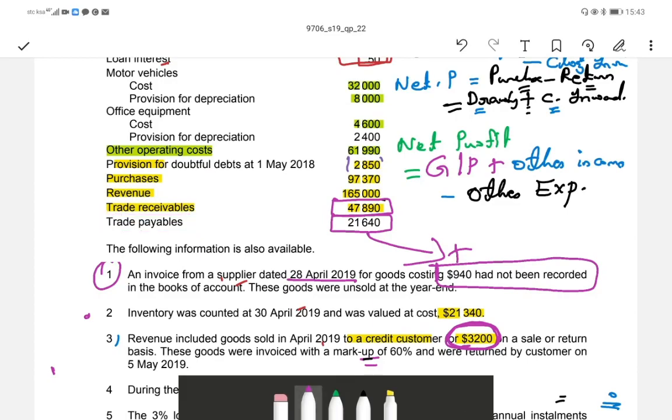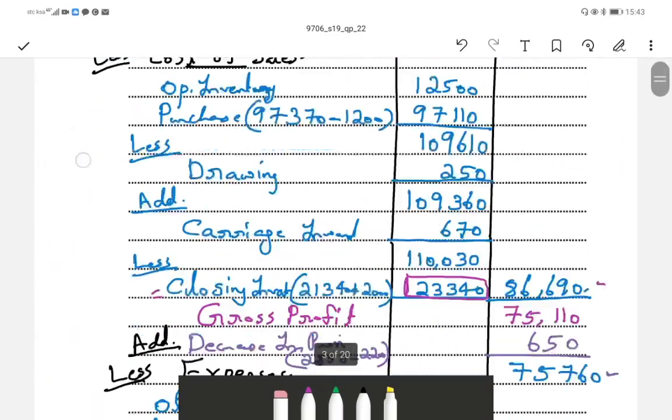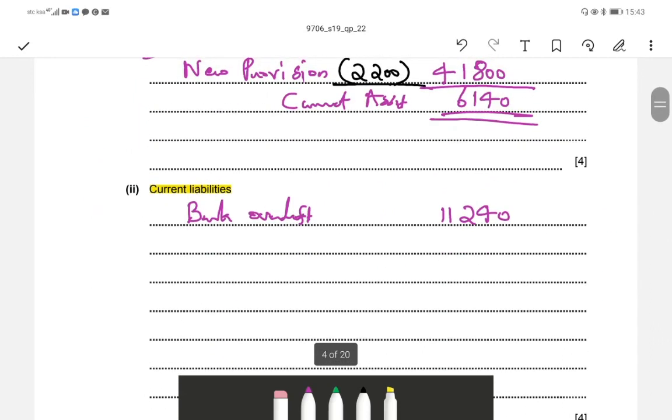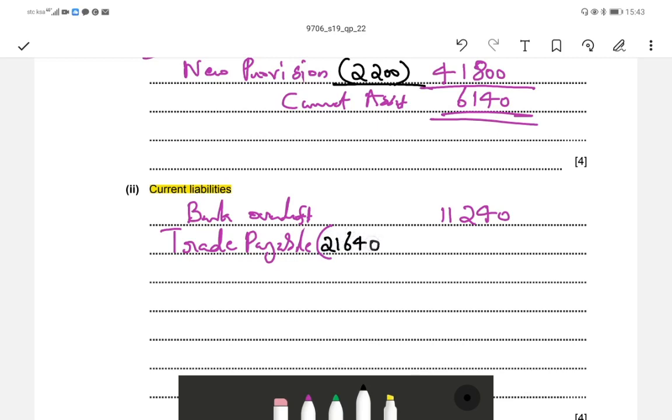So trade payables was given in the question 21,640 plus the unrecorded supplier 940. What is the amount? The amount is 22,580.